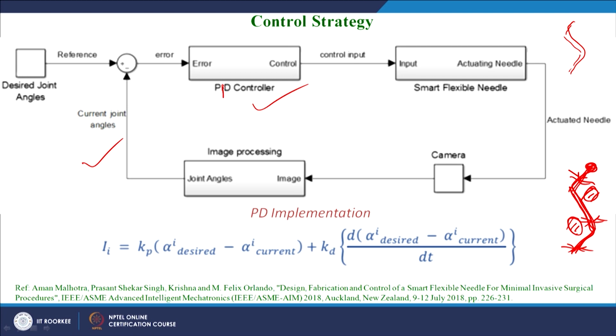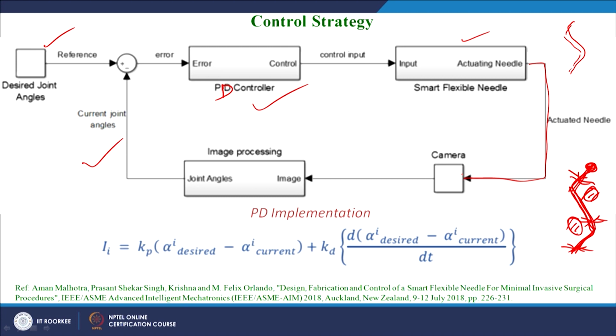Basically, it is a PD controller. We provide the desired joint angle, and we have a comparator such that the error comes, that is fed to the PID controller, and then the control input is fed to the power amplifier part of the actuating smart needle, and hence the needle is bent.